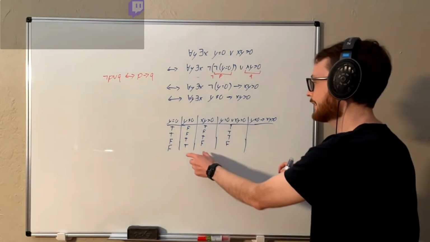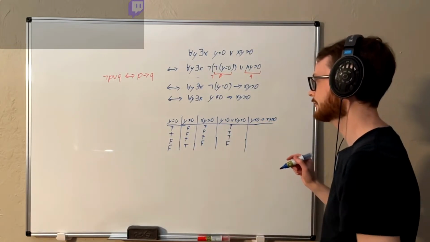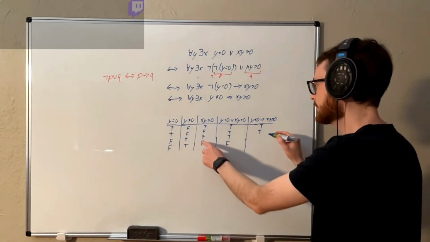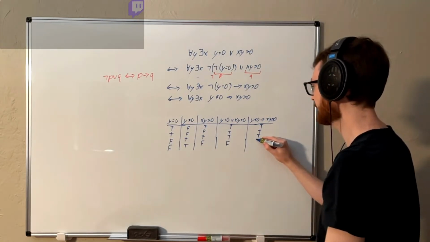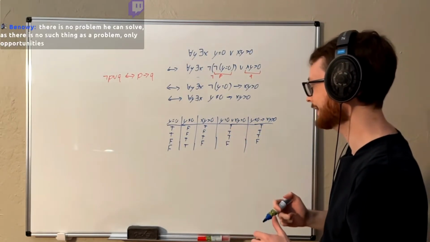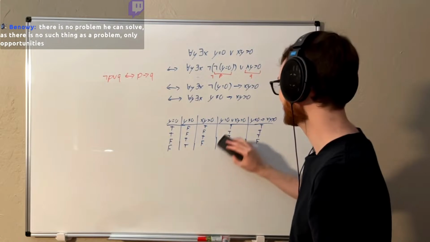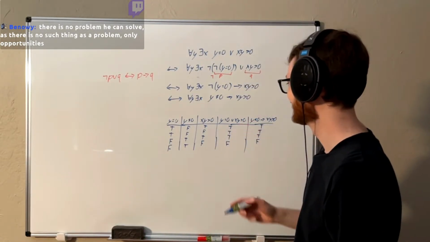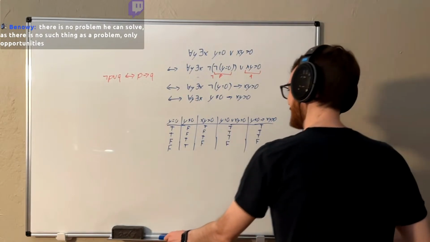And then if we compare these two with an implication, true then true is true, true then false is false. I assume that should be a true there, because it's an or. I don't know, maybe that's not the most helpful thing to actually do.